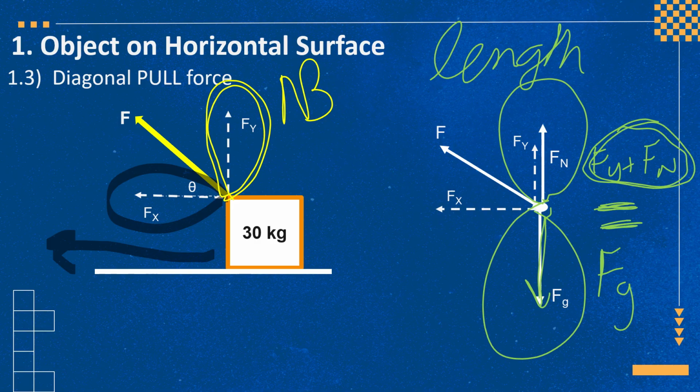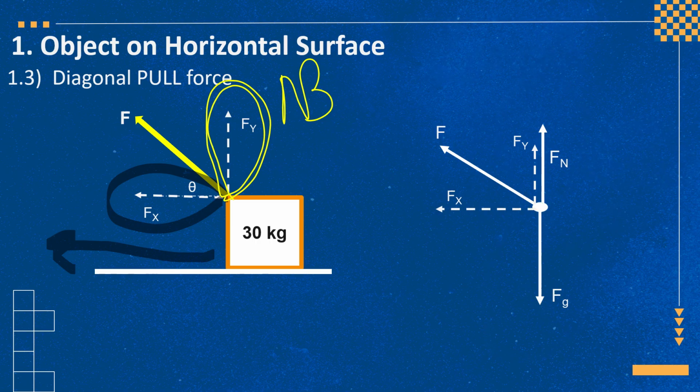That is why Fg is longer than Fn, because Fn plus the y component must have the same combined length as Fg. Now, if you look at your force diagram and we try to formulate an equation to calculate Fn with, we see that the forces up, Fy plus Fn, are equal to the force down, Fg.